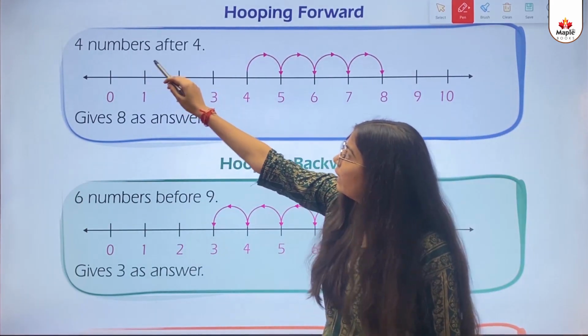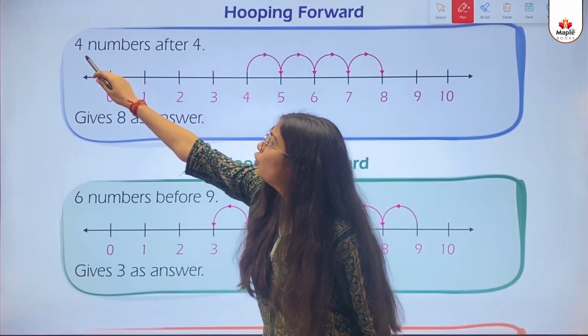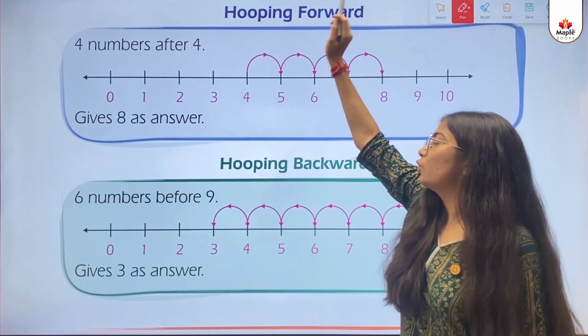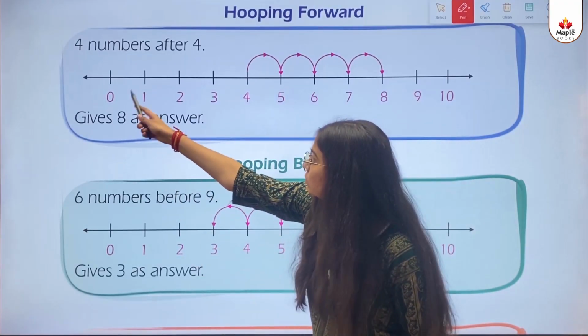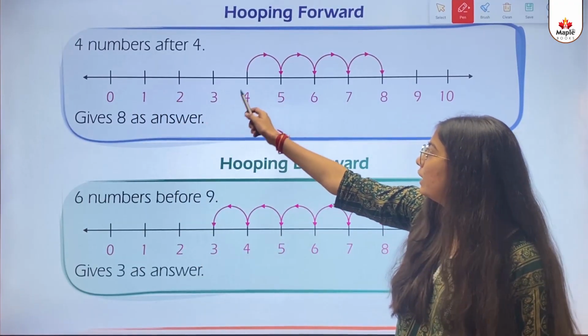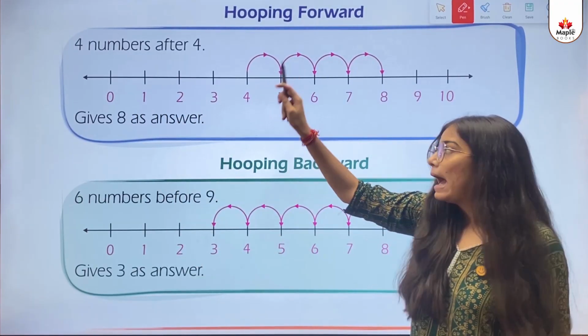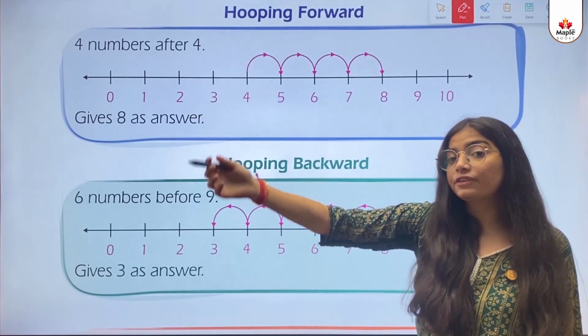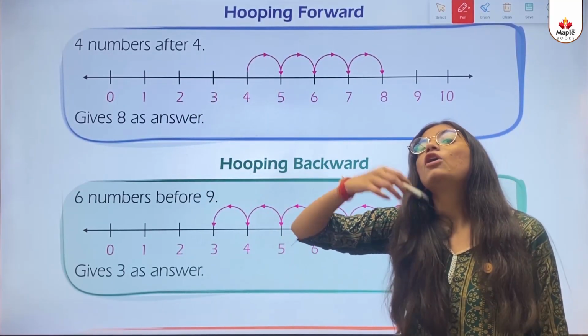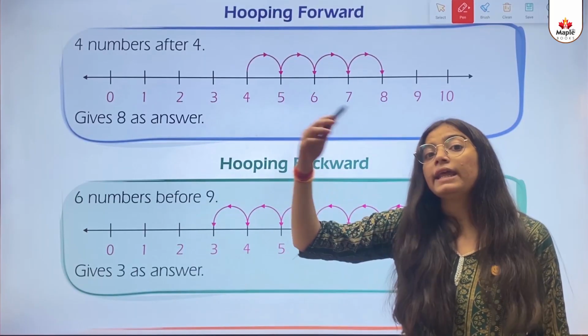So in the question we have been given 4 numbers after 4. So first we need to see where 4 is. 0, 1, 2, 3, 4. There is 4. And what are they saying? After 4. 4 numbers after 4. We need to move forward. We need to move next.